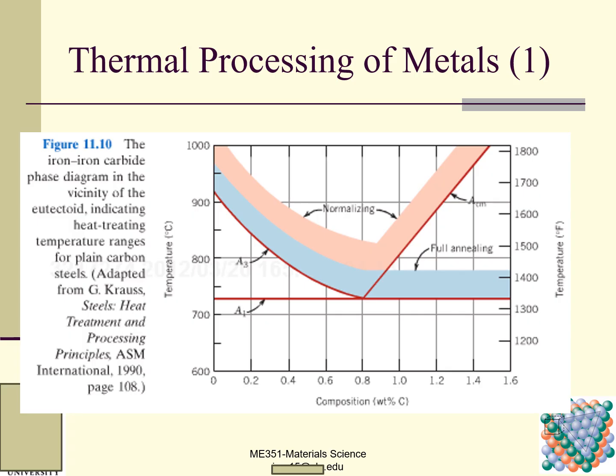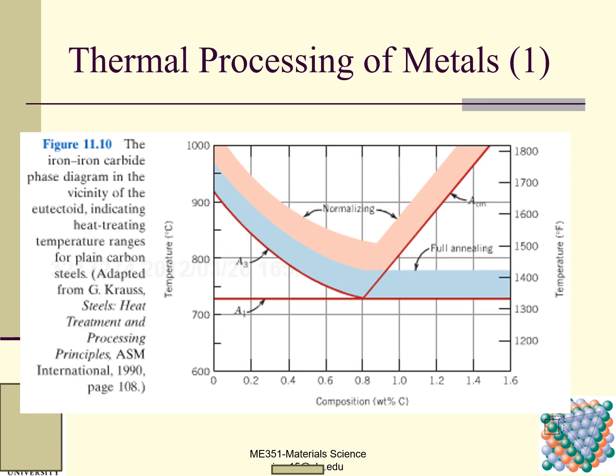We focus on plain carbon steels, which means that we do not add any alloying elements there. Here you can see the composition, with the percent of carbon from 0 to 1.6%, and here is the temperature.